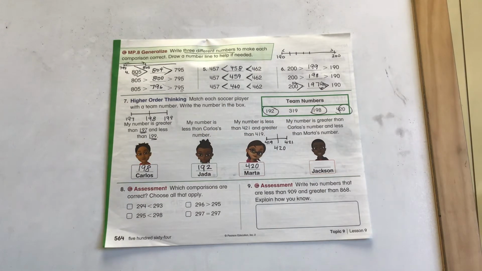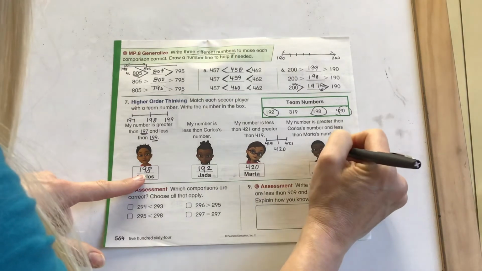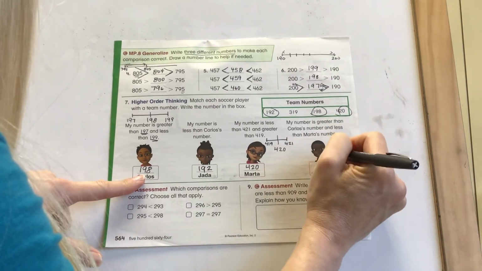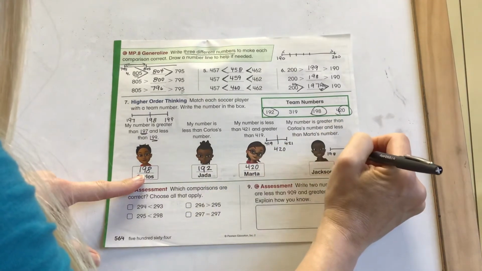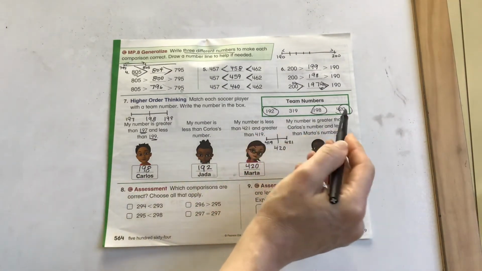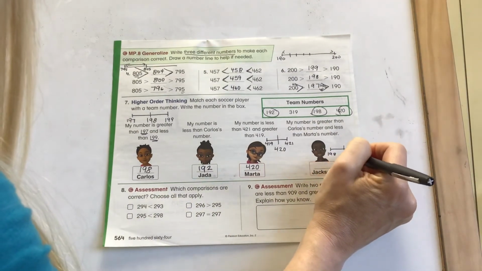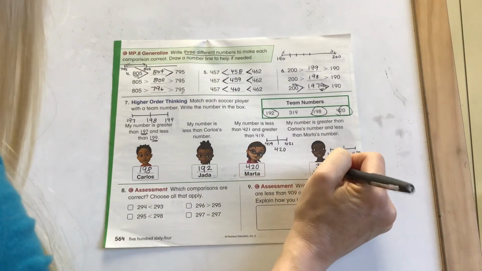My number is greater than Carlos's number and less than Marta's number. So we know our range for Jackson is now between 198 and 420. 192 has already been used. 420, these are the other two numbers. So really our only option there is 319 for Jackson.